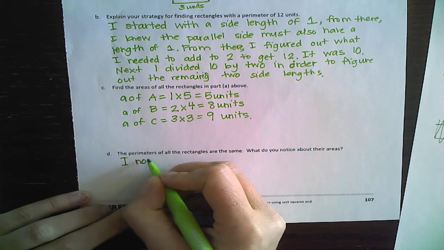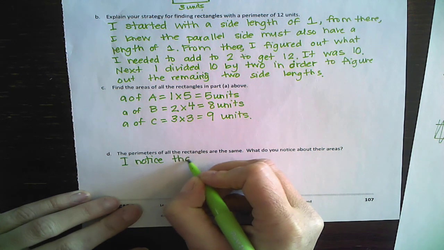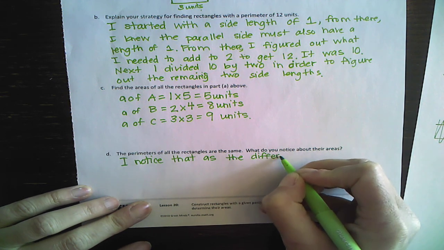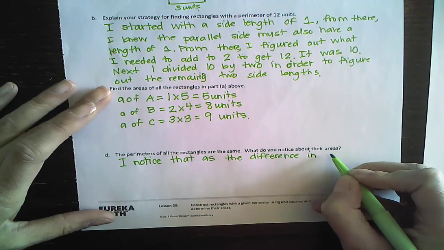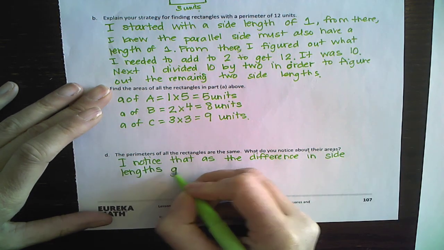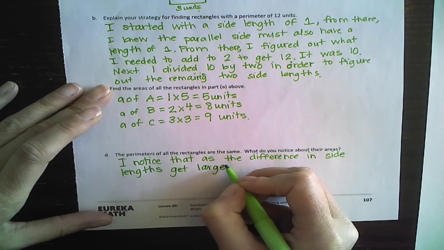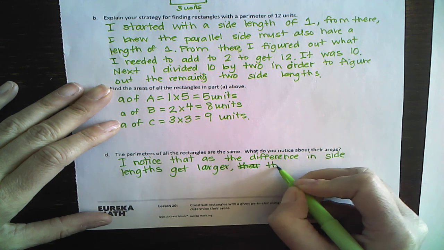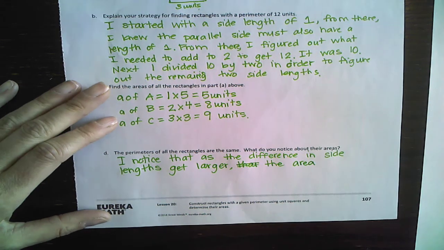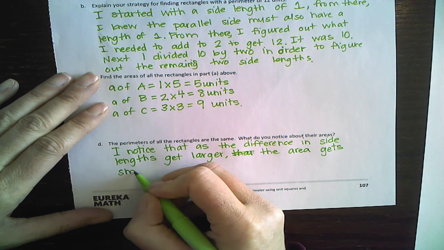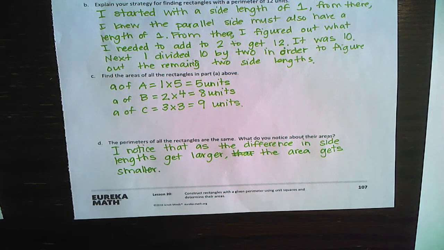I notice that as the difference in side lengths gets larger, the area gets smaller. Beautiful. All right, let's flip a rooski.